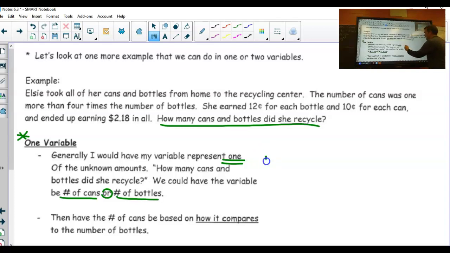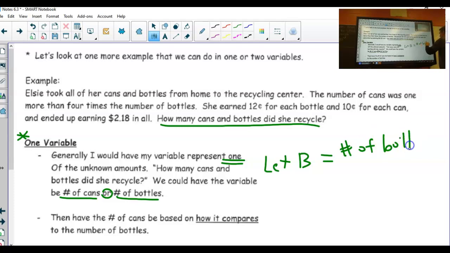So I'm going to write a let statement. I'm going to let B equal the number of bottles recycled. All right, I've got my 1 variable.